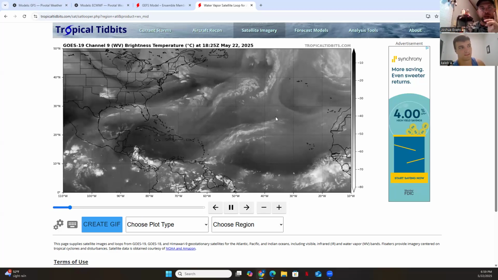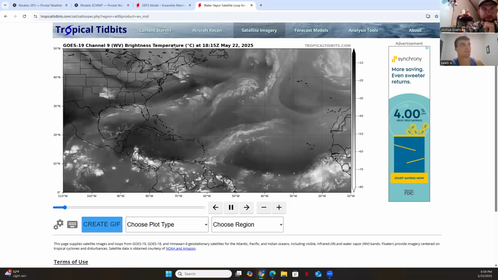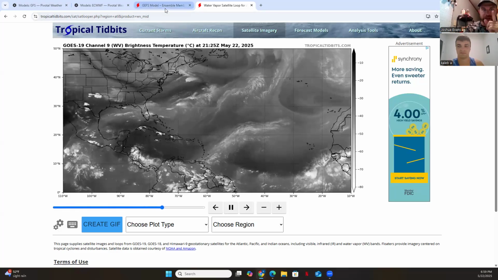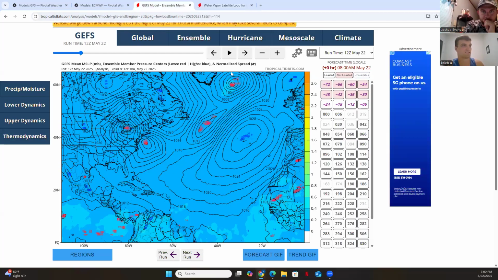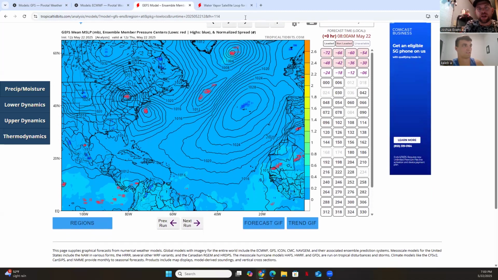Okay. Caleb, can you switch over to the GFS ensemble for me real quick? Yes. Gotcha. So this is the GFS ensemble, and what this is, this is the entire GFS family ran at the same time, and then this map is created as an average of everything that gets run.